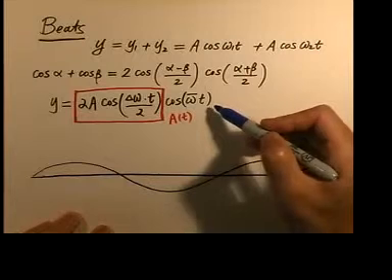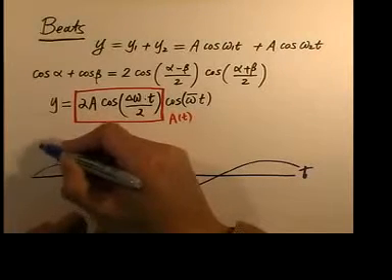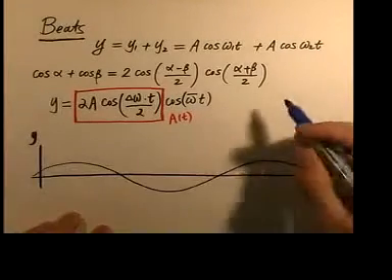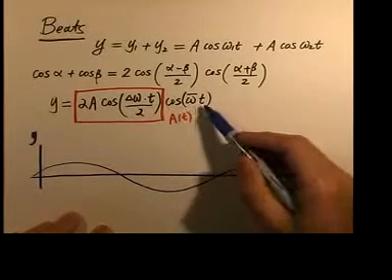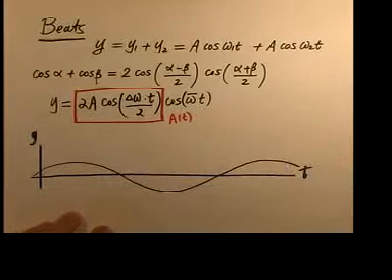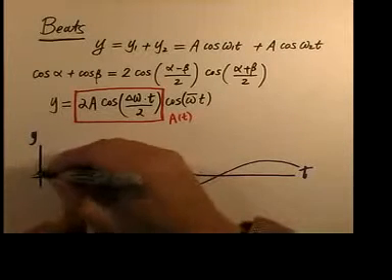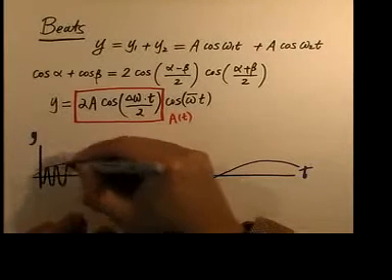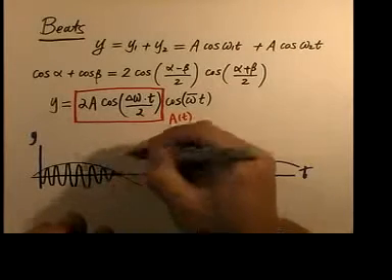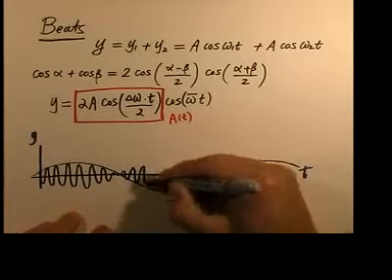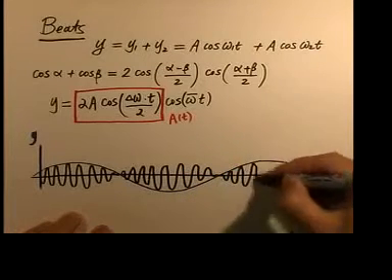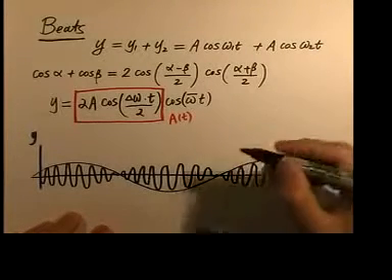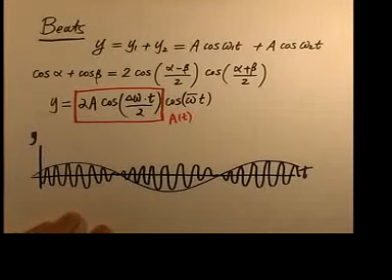So the actual oscillation, this is y, would be the product of the amplitude and this cosine function. This cosine function varies a lot faster, so you have something like this.